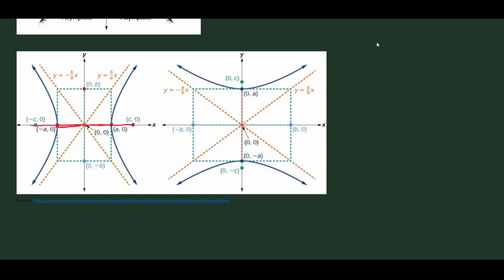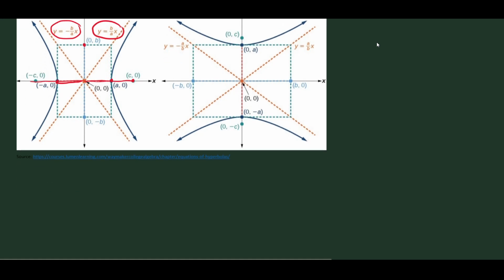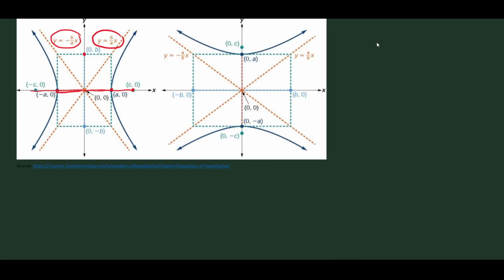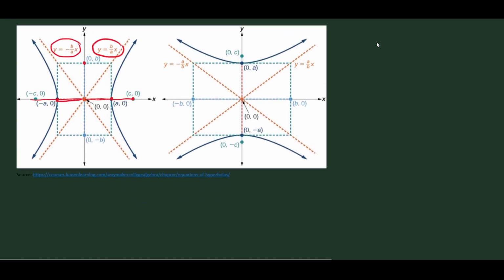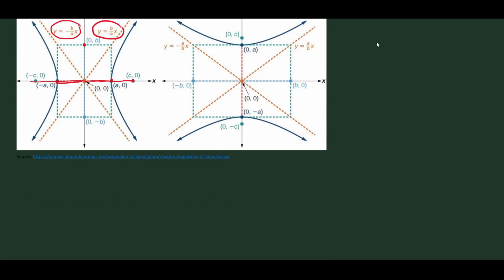Okay, and now you have here the formula of the asymptotes. y is equal to negative b over a x, and y is equal to b over a x. So the relationship between a, b, and c here is that b squared is equal to c squared minus a squared.